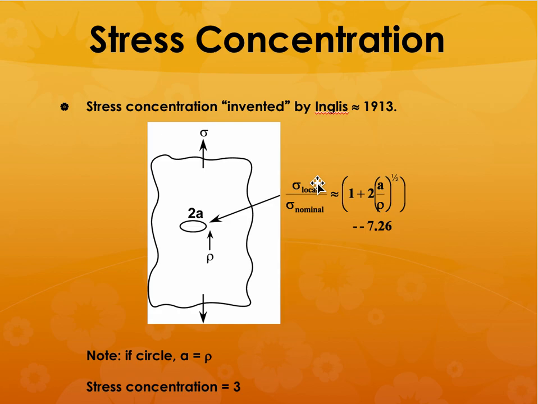So the stress concentration here is approximately equal to, oh okay, so this is equal to 3 approximately, because this is just 1 plus 2. So the sigma local at this edge of this circle is going to be 3 times that of the nominal stress that you are applying.